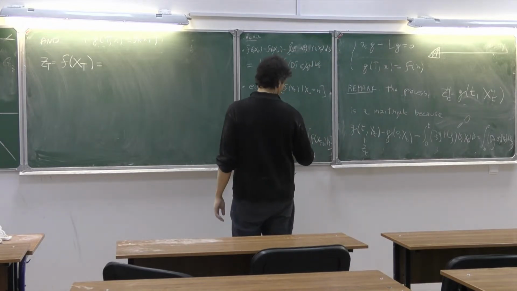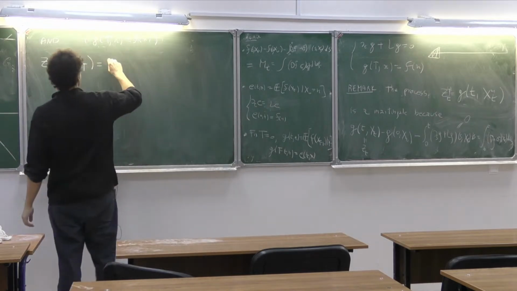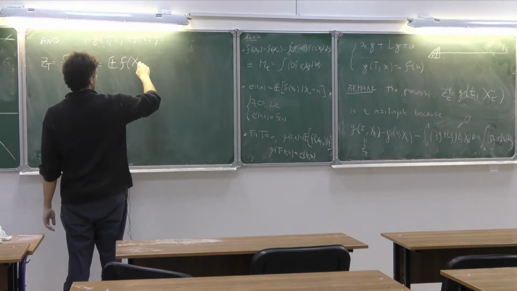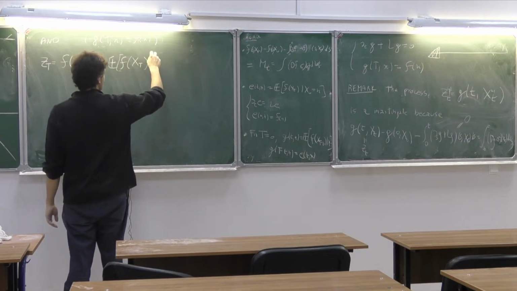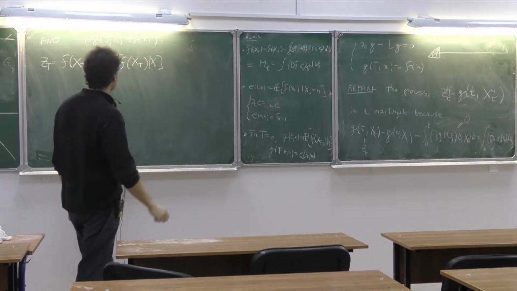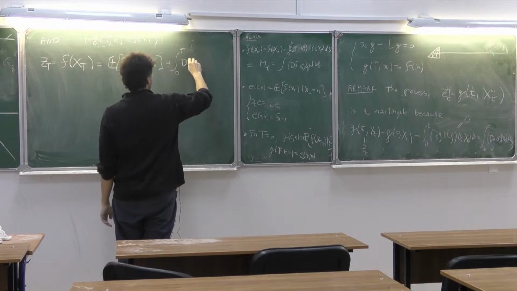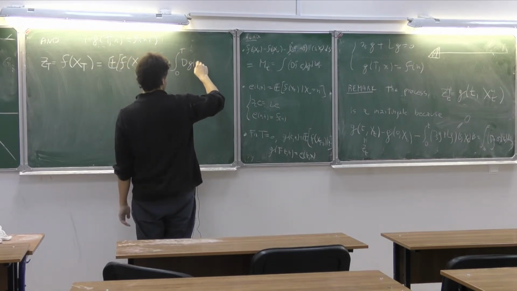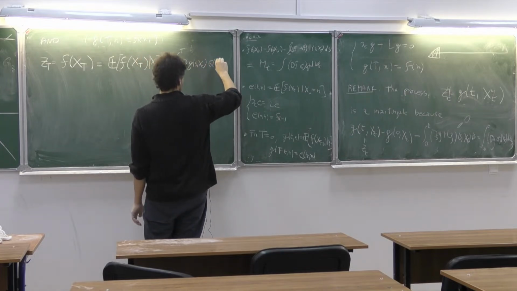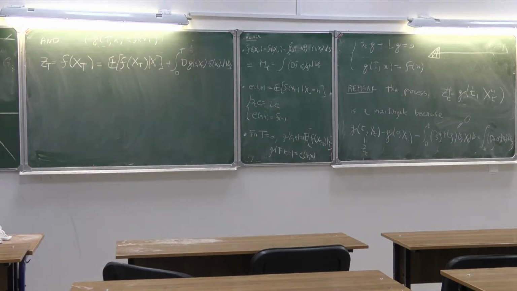So g of 0 is the expected value of f of xt given x0, plus the integral between 0 and T of the gradient of g at xs applied to the matrix sigma of xs dWs. Cool.